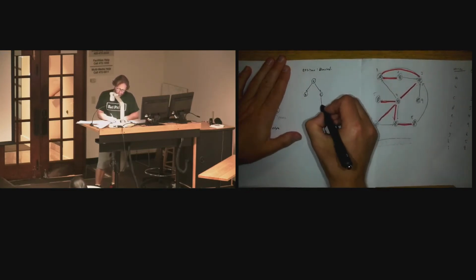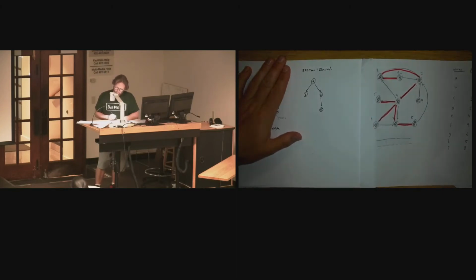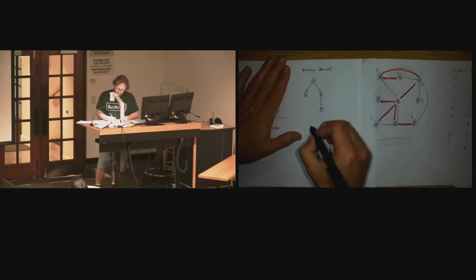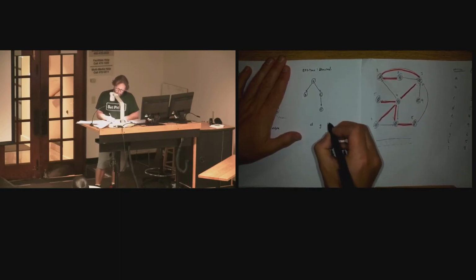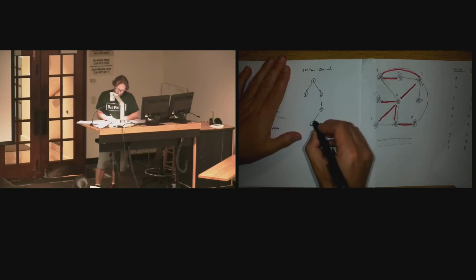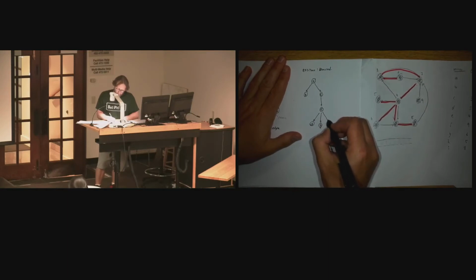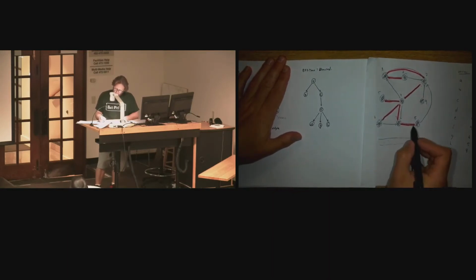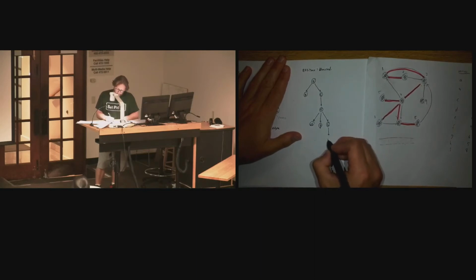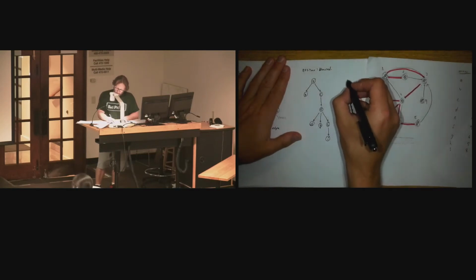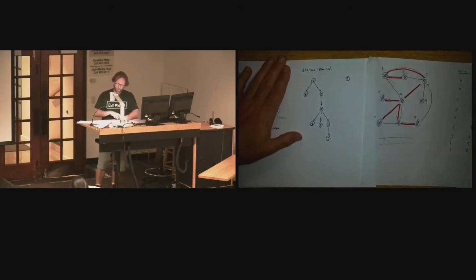E. And then E went to D, G, and H. And then H went to I. Okay. Finally, we've got A, B, C, D, E, F. F sitting out here by its lonesome.